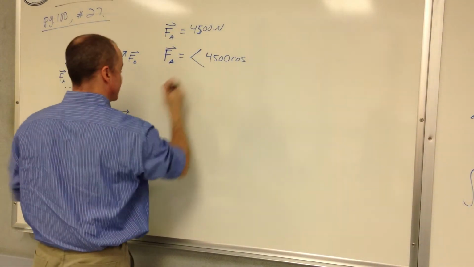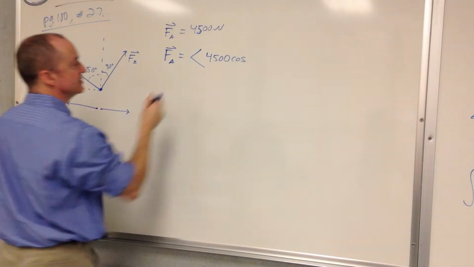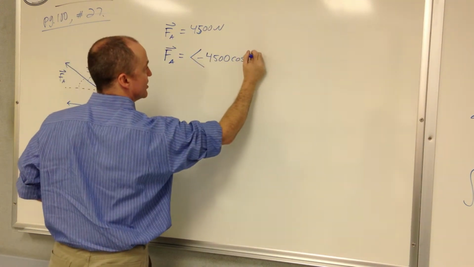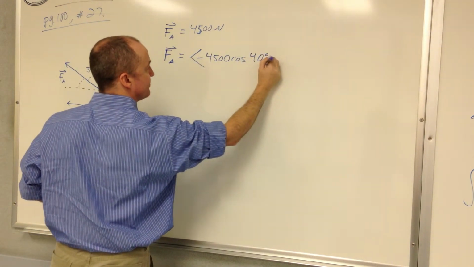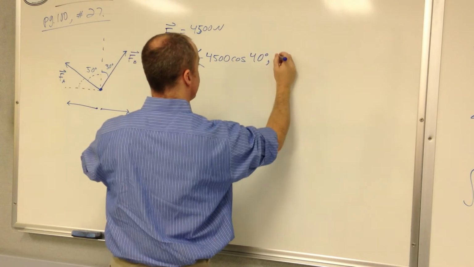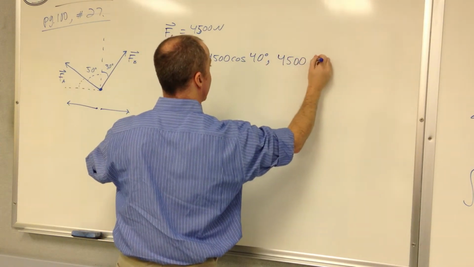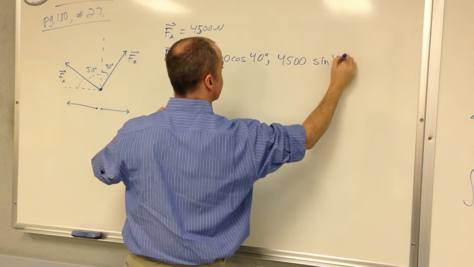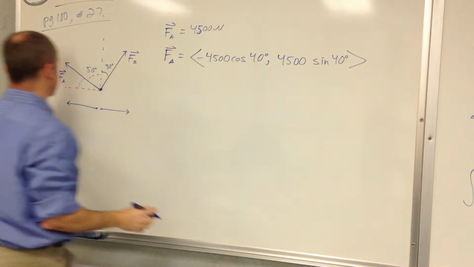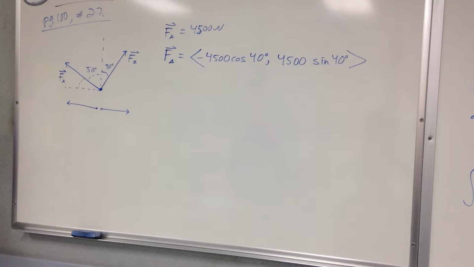I don't have a preference. I'm going to make this negative 4,500 cosine 40 degrees. And then the vertical component is positive 4,500 sine 40 degrees, because going up is positive in our diagram.